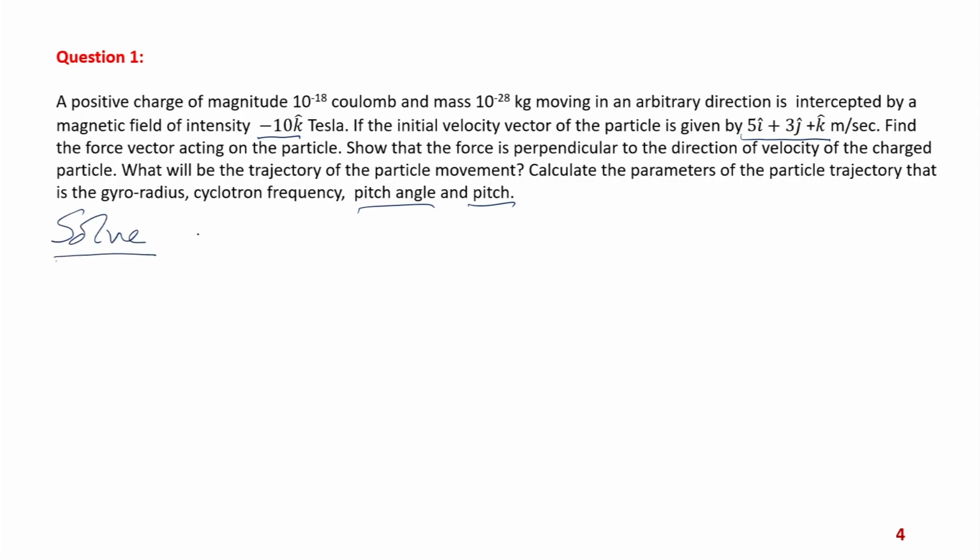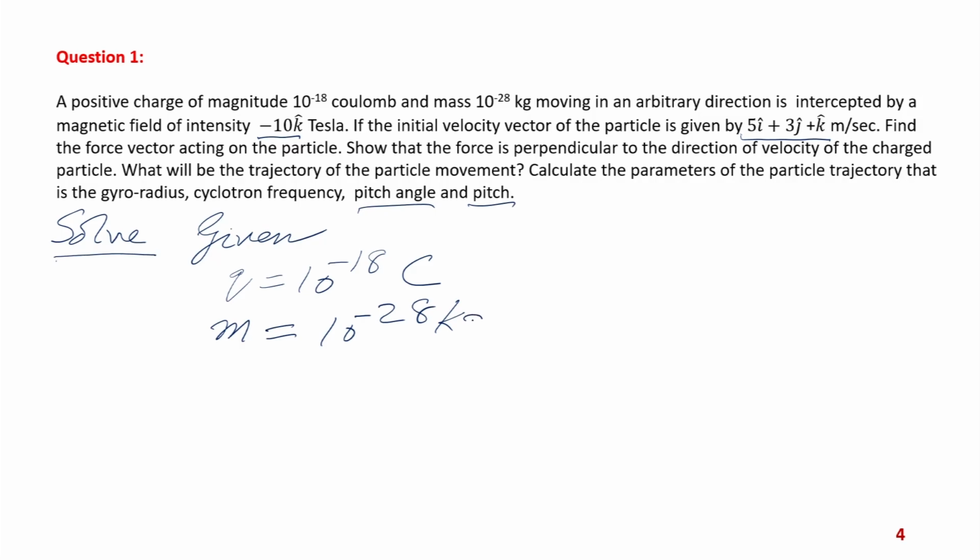So, given q is equal to 10 to the power minus 18 coulomb, the mass is 10 to the power minus 28 kg, and the magnetic field intensity B is given by minus 10 k.